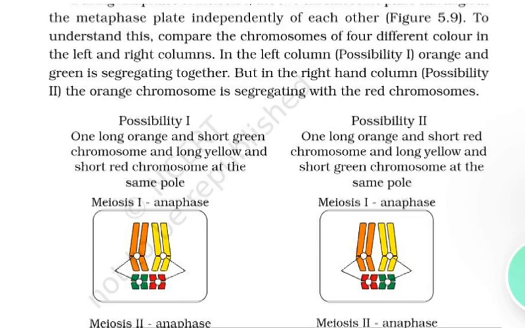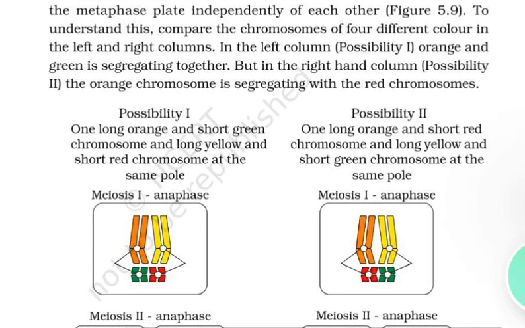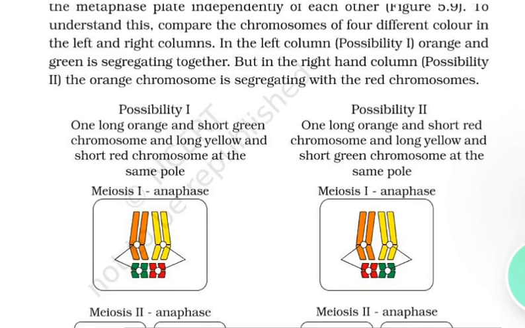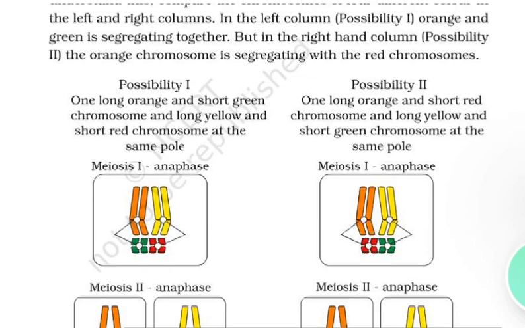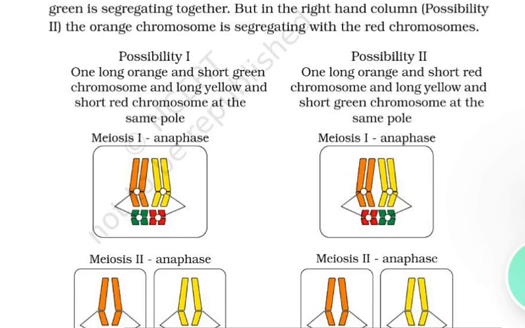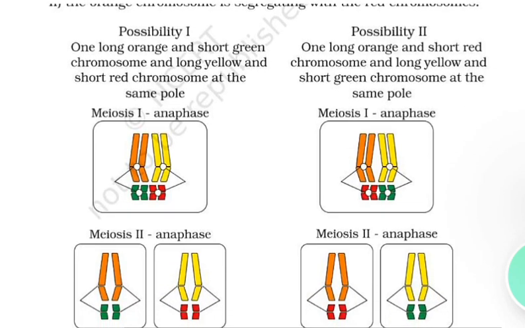Recall that you have studied the behavior of chromosomes during mitosis, that is equational division, and during meiosis, that is reduction division. The important thing to remember is that chromosomes as well as genes occur in pairs.